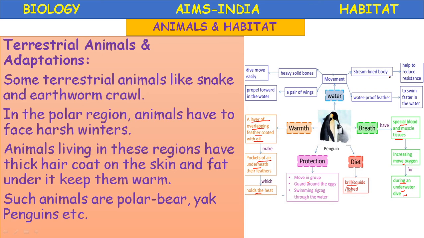The body is streamlined and helps to reduce resistance, meaning to swim against the water current. Waterproof feathers help them swim faster in the water. So these are all the adaptations of a penguin living in the polar region, in very cold conditions.